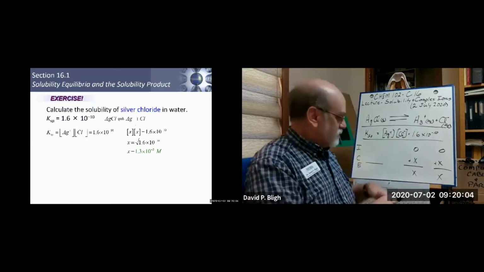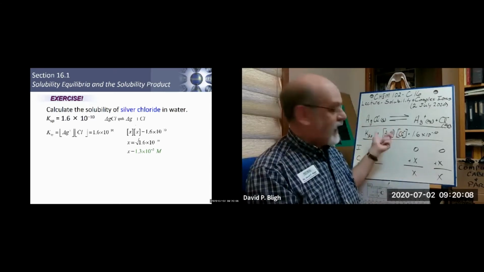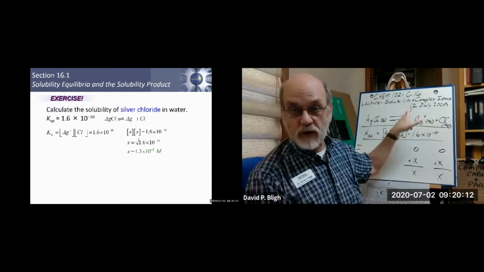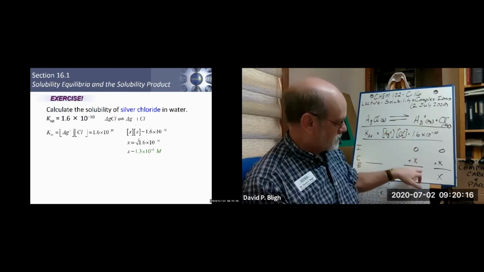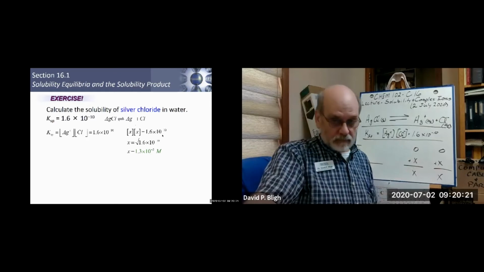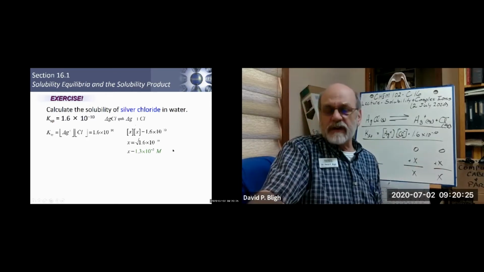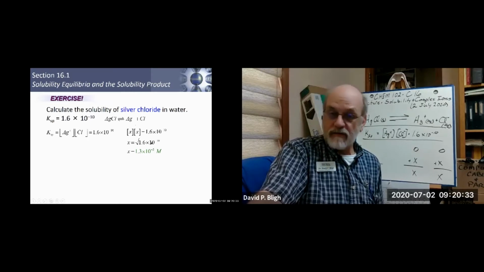If this were an expression with exponents related to the coefficients, then you would have powers of x. So this is a fairly simple solution, because you just have x squared equals this, so x equals the square root of that value.